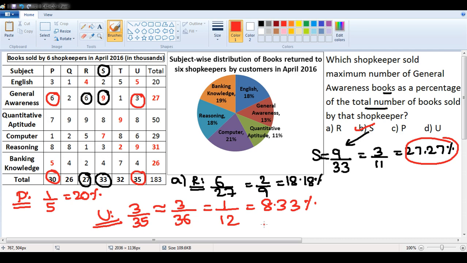Sorry, third question, in fact. Anyway, third question. See here, this is the third question.